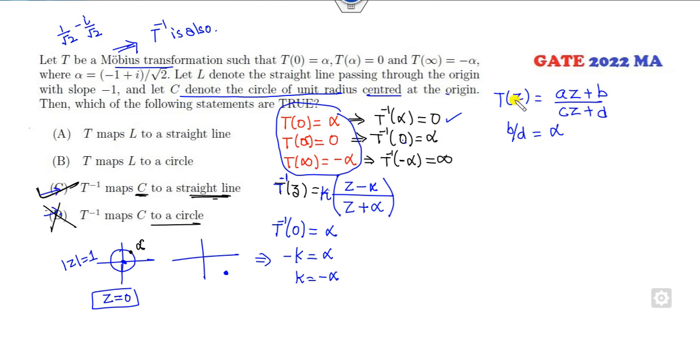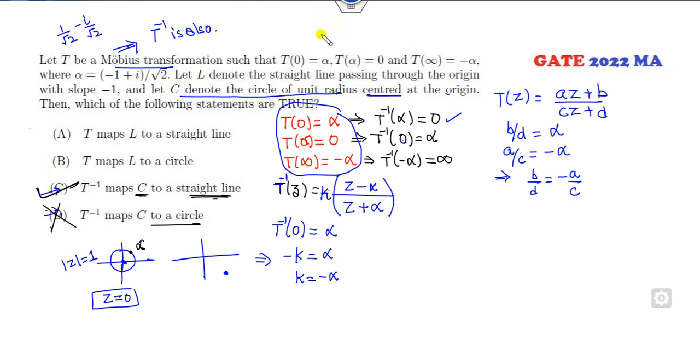T of alpha will be 0. T of infinity will be minus alpha, so a over c is my minus alpha. So what does it mean? b over d is minus a over c. Fine. But we can't find the values of a, b, c, d.